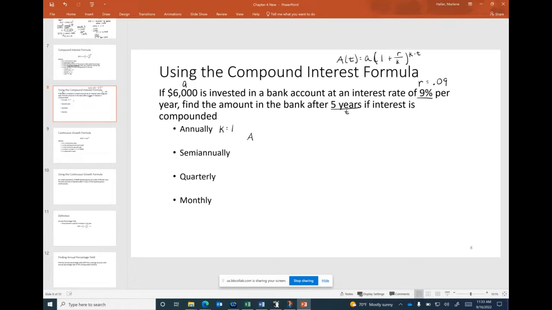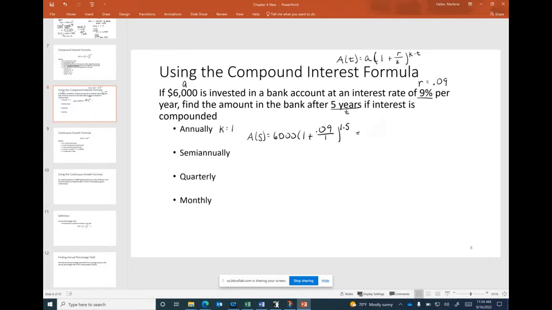The future amount in 5 years, or A of 5, is the initial value, 6,000, times 1 plus the rate, 0.09, divided by the number of compounding periods. Here it's just 1, right? Raised to the KT power, that's 1 times 5, and T is the number of years, so it's 1 times 5th power.